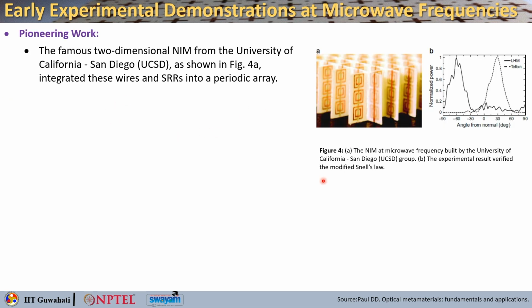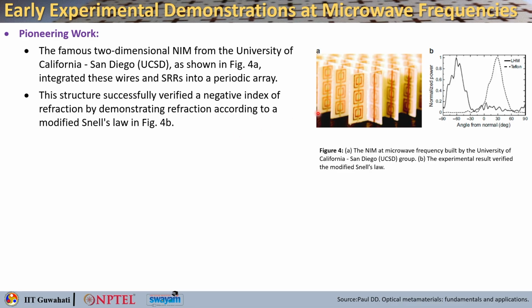So, this is a famous work, and this was the first demonstration by, as I mentioned, this UCSD group, okay, and this structure successfully verified a negative index of refraction by demonstrating refraction according to the modified Snell's law.